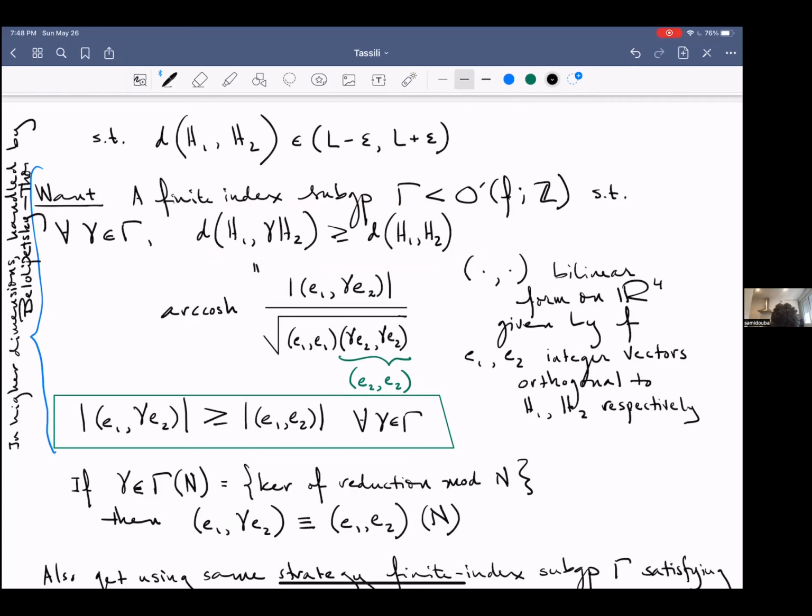In fact, they don't really have a statement in their paper regarding this, but if you look at their proofs, you see that they can really ensure this property.